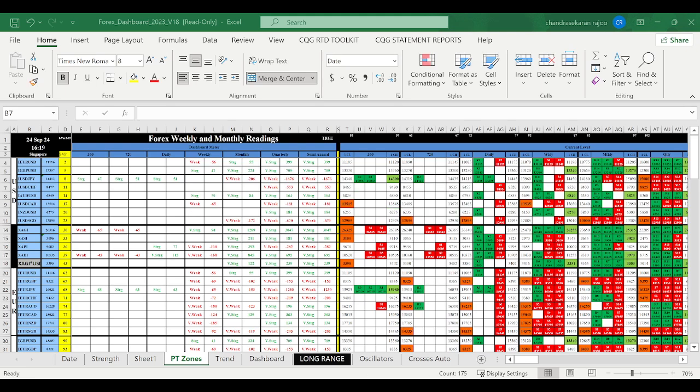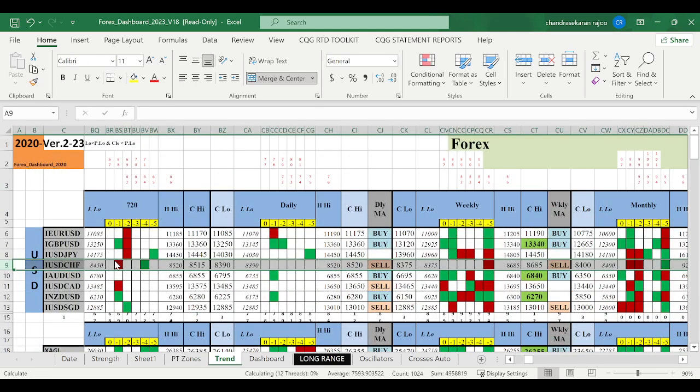But please take note that tomorrow is the SNB interest rate announcement, so you have to be careful. Reason being they are expected to cut rates, so chances are this may go up if they decide to cut rate.